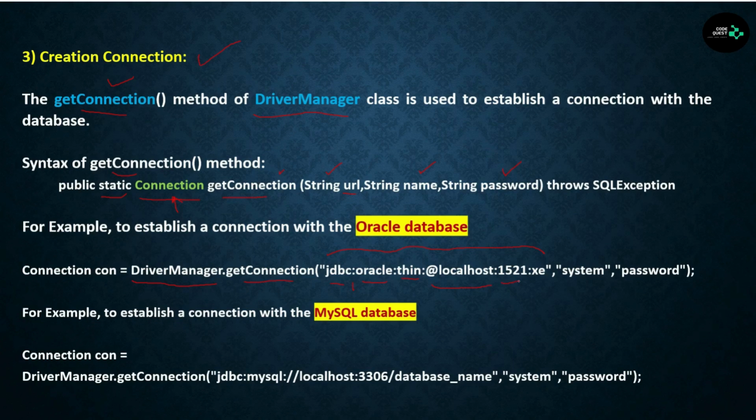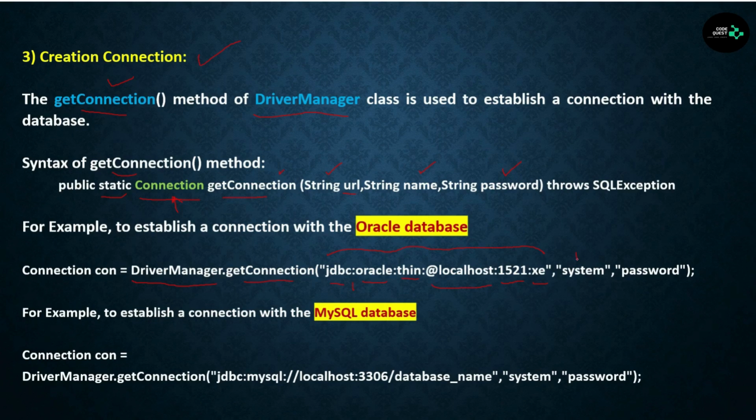Now, 1521 is the default port where Oracle usually runs, and XE is the edition of Oracle, that is Express Edition. So this entire URL string consists of a lot of parts, and each portion is separated by a colon.